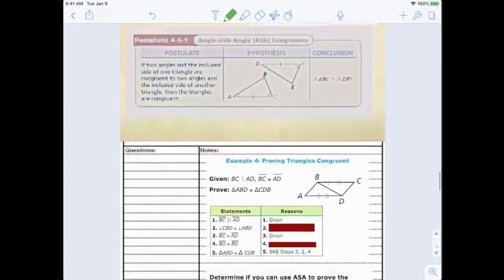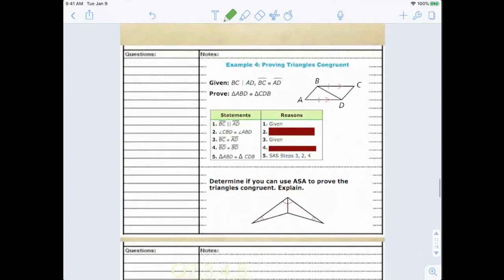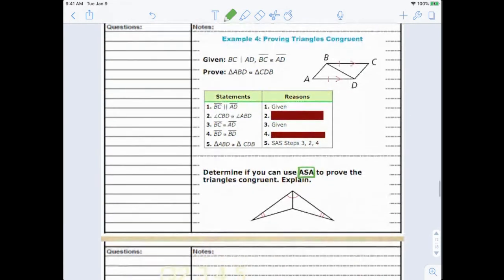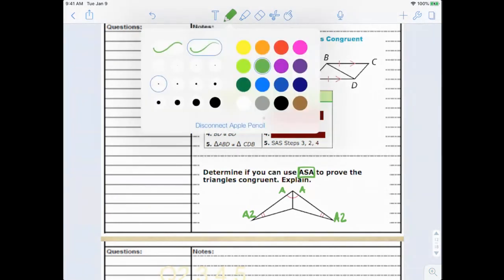Okay, let's take a look at one more. How would I explain I'm going to use angle side angle to prove these are congruent? I'm given an angle up here. I always label. Remember, my steps say label any angles or sides you are given congruent.